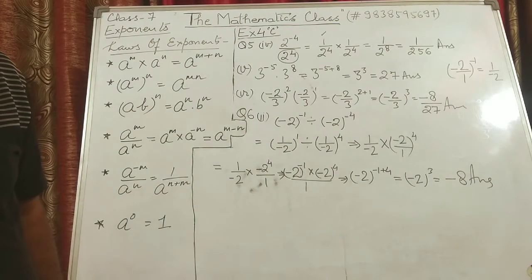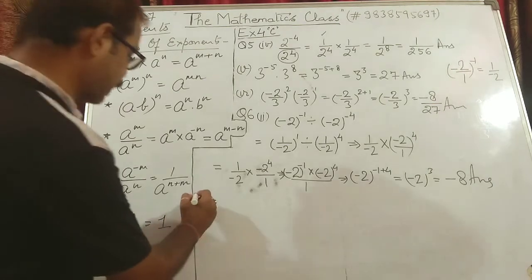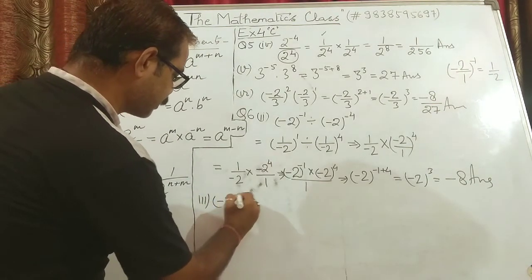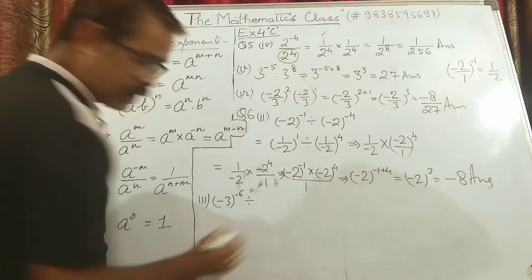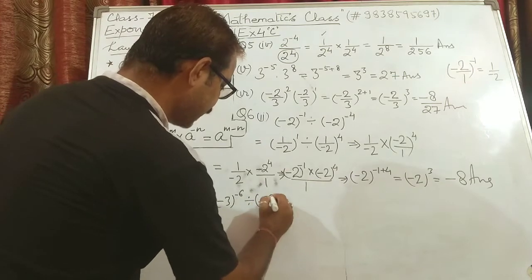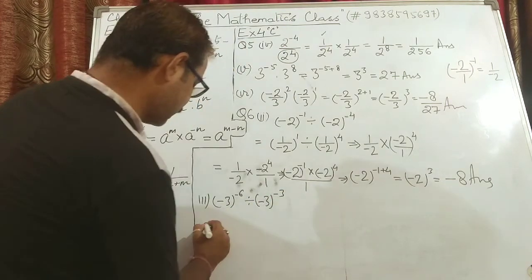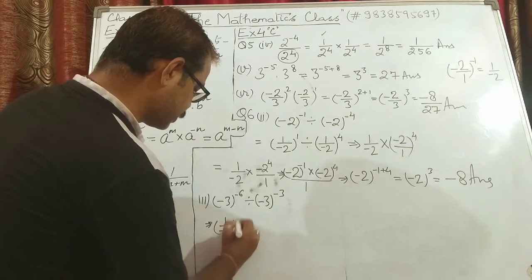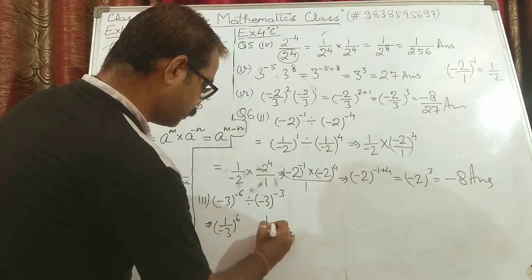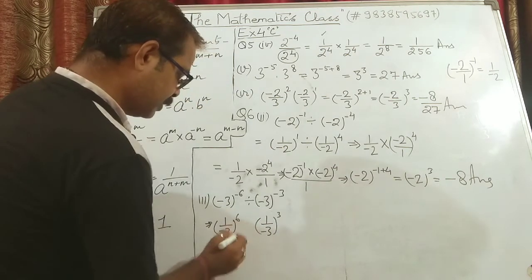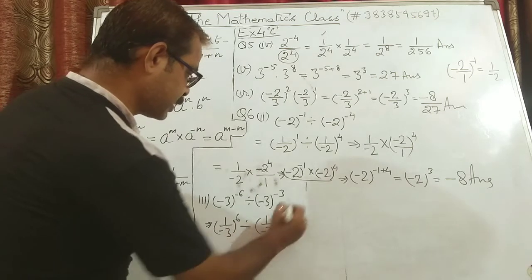Third is again the same, I am writing minus 3 to the power minus 6, division sign, and minus 3 to the power minus 3. So this can be written as 1 upon minus 3 to the power 6 and 1 upon minus 3 to the power 3, and in between there is a division sign.